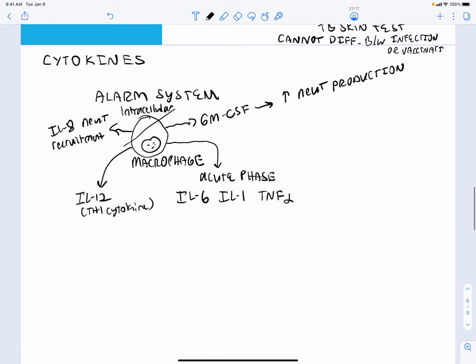Now let's talk a little bit about what's going on with these cytokines even more so. So we know that we have our acute phase, but they also have other functions. So IL-1 is also going to be an activator of T cells, so it's a general activator of T cells. Interferon alpha is going to increase diapedesis.